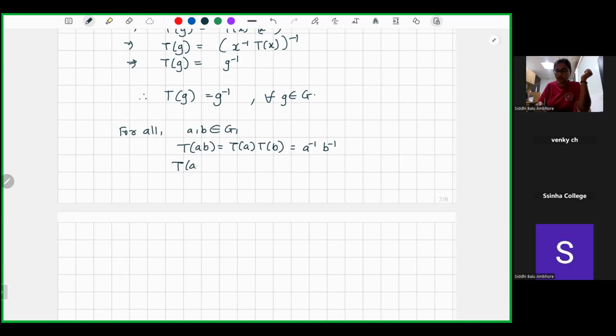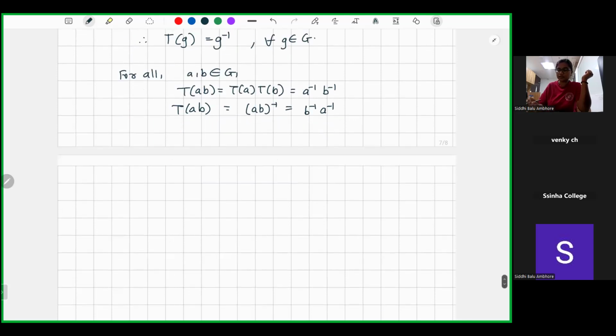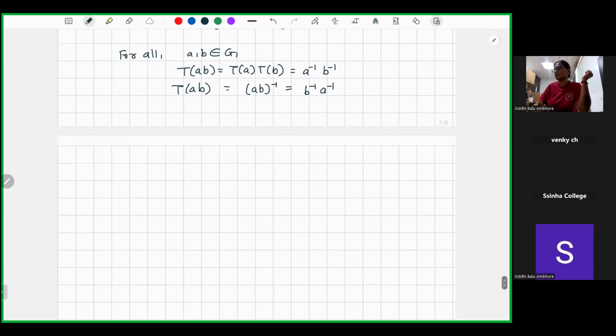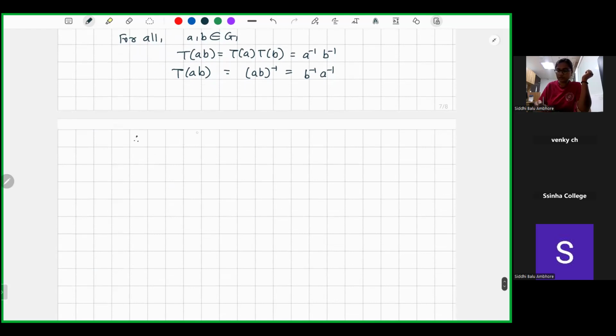But also T of ab, by definition, is ab inverse. So this is b inverse, a inverse. Therefore, what I get is that a inverse b inverse is equal to b inverse a inverse. And if you do proper shuffling, you get that ba inverse is equal to ab inverse. And this implies that ab is equal to ba.